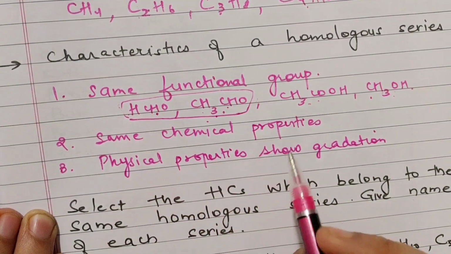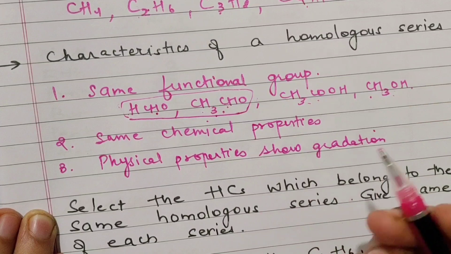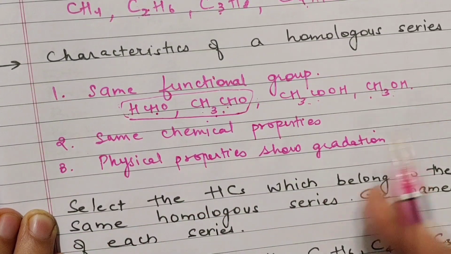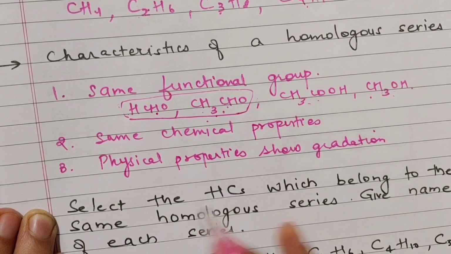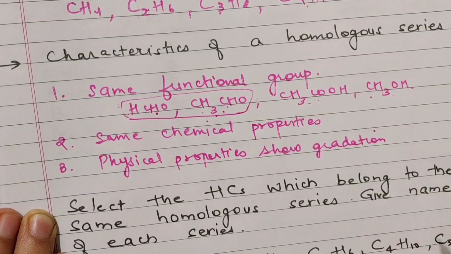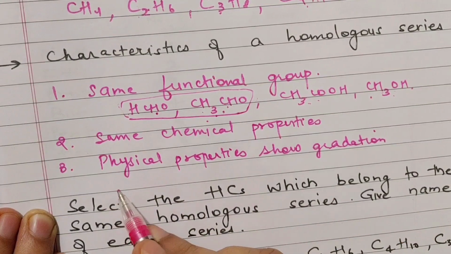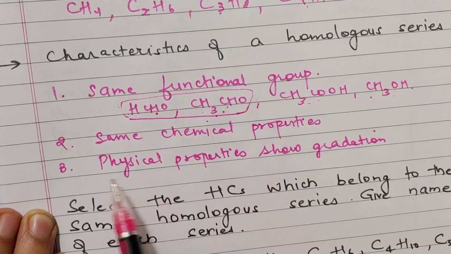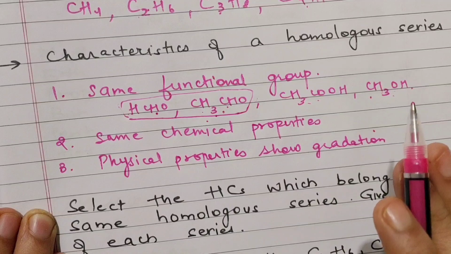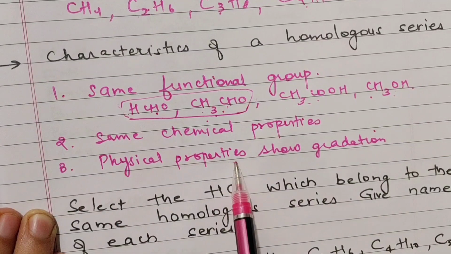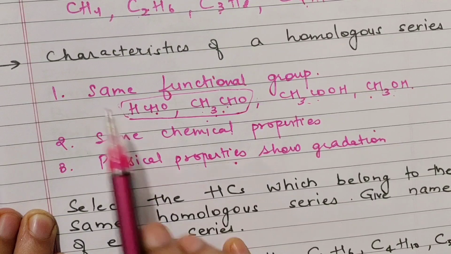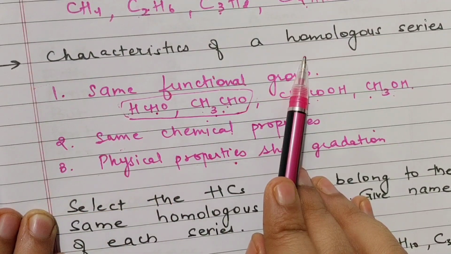Physical properties like melting point and solubility change as the mass changes. And mass obviously changes in a homologous series. Every next compound gains a mass of 14 u. So as the mass changes, melting point, boiling point, even solubility changes. So there is a slow change in physical properties, but the chemical properties remain identical. These are the characteristics of homologous series.